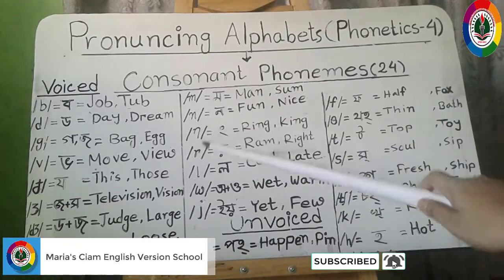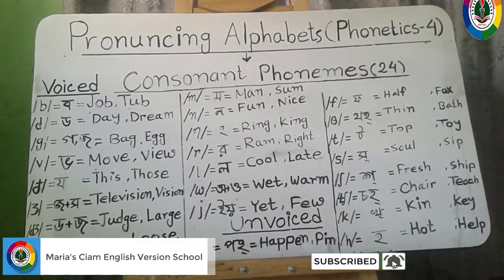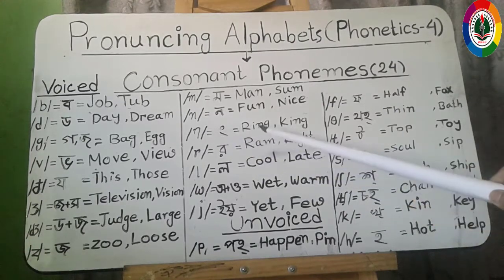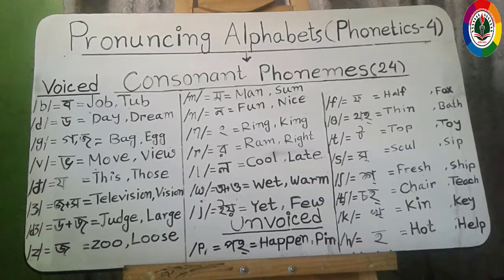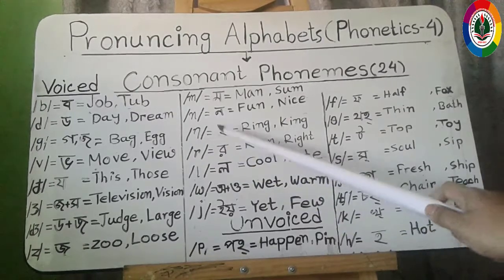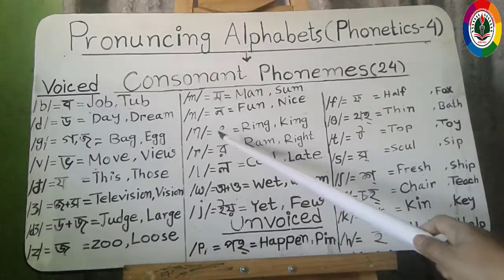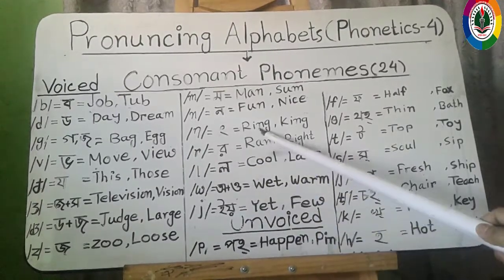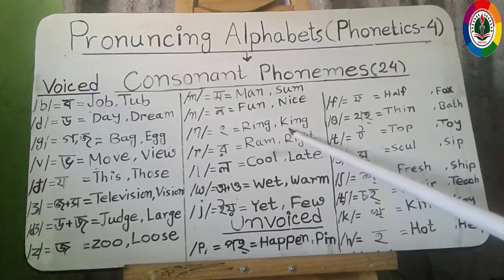It looks like a longer "n", but I already told you in my phonetics part 2 that it is a sign for the "ng" sound, and the alteration will be like অনুস্বর in the Bengali alphabet. The examples are like ring, king.